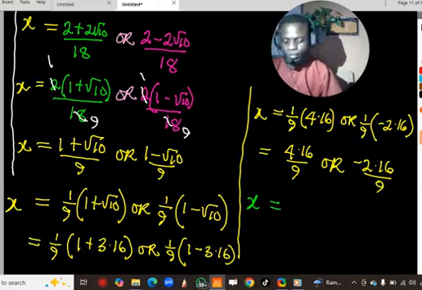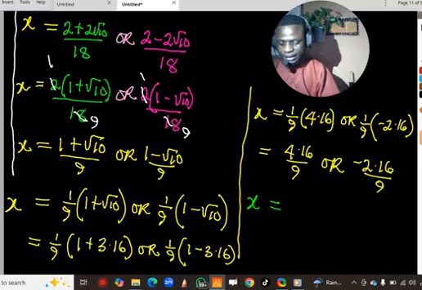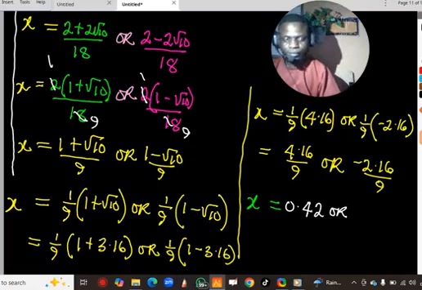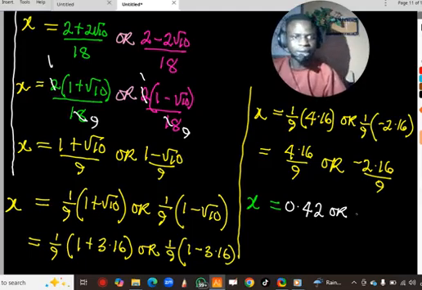So our x becomes equal to 4.16 divided by 9, which is 0.46 approximated to 2 decimal places, or negative 2.16 divided by 9, or negative 0.24.